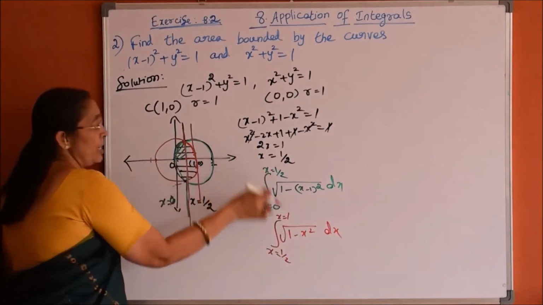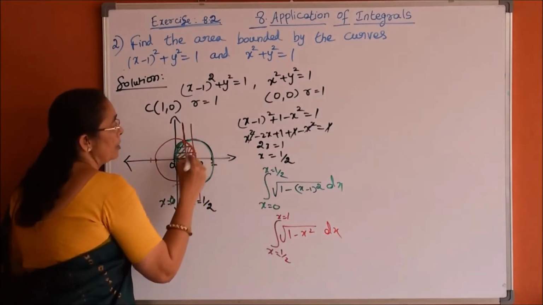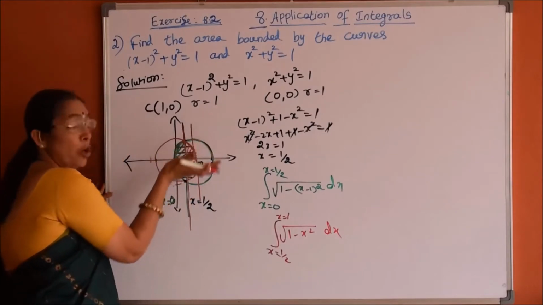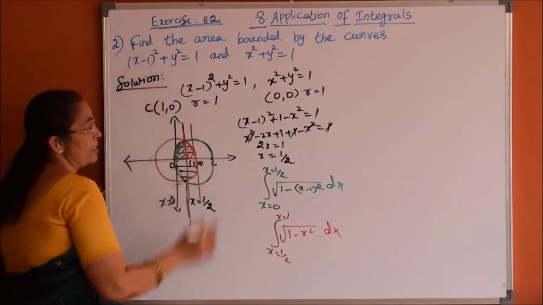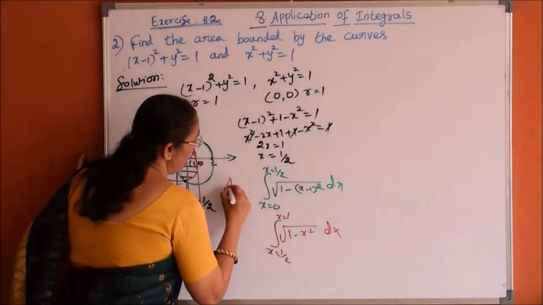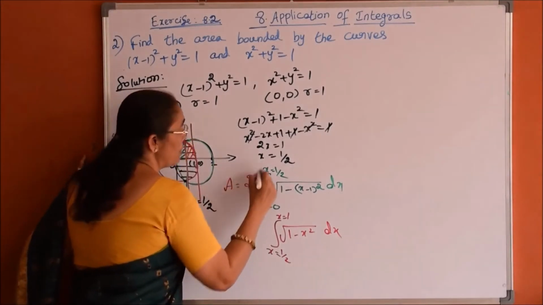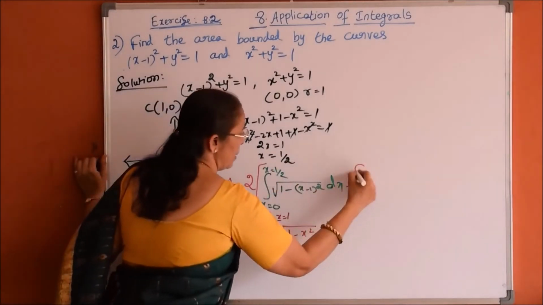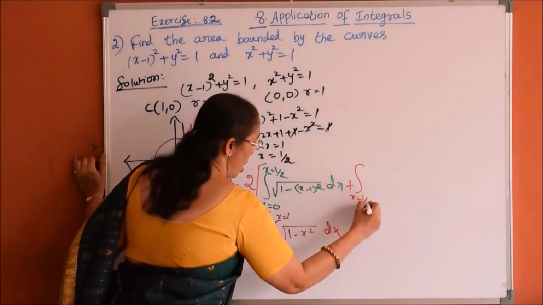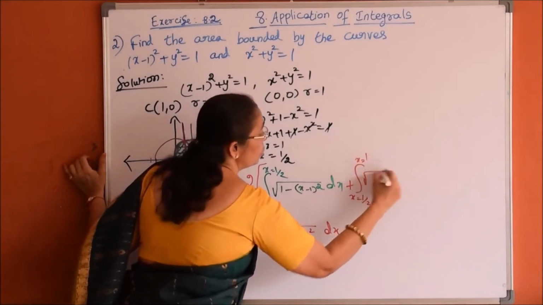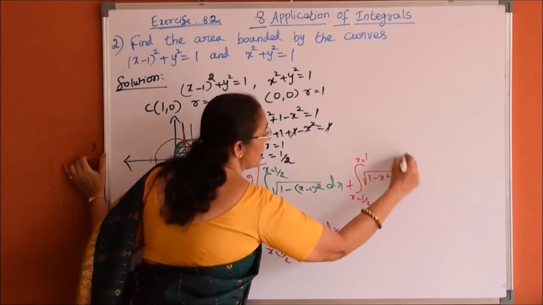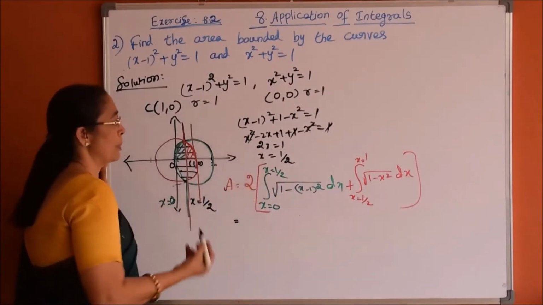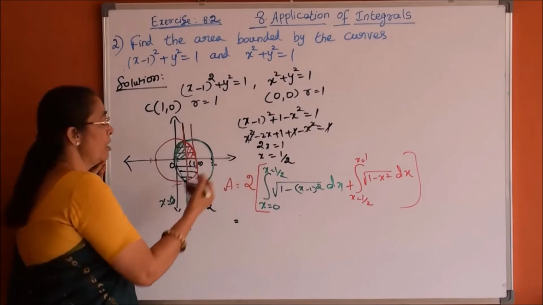When we add these two, we get these two areas together, but again there is a portion below the x axis also, so twice. So the complete required area is 2 times the first integration plus the second part, from x is equal to half to 1 of root over 1 minus x square dx. Now let us evaluate the integrals and substitute the limit values to get the required area.